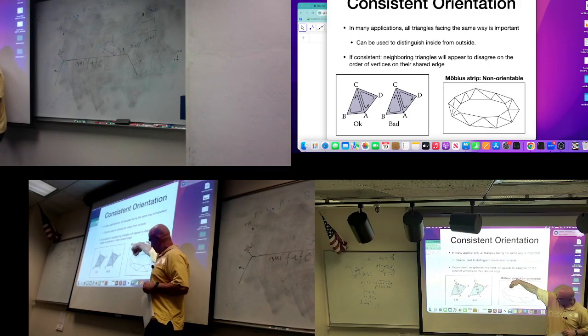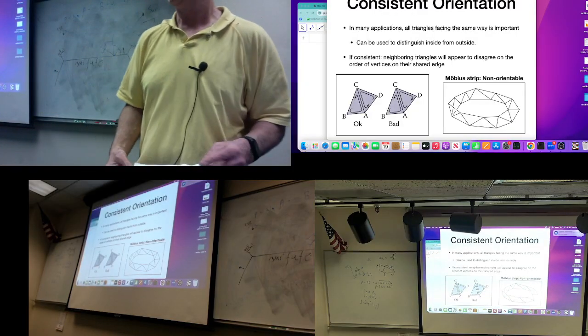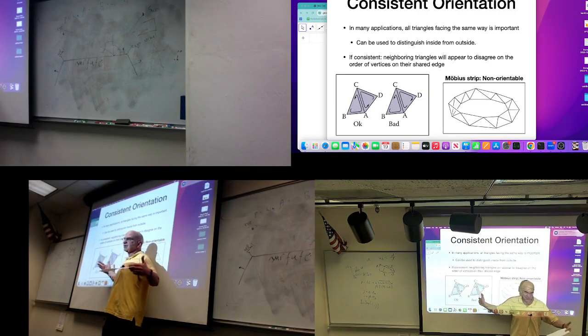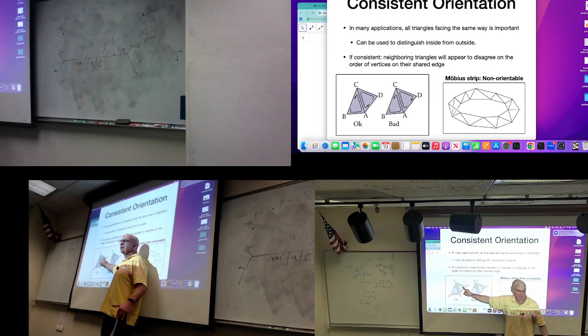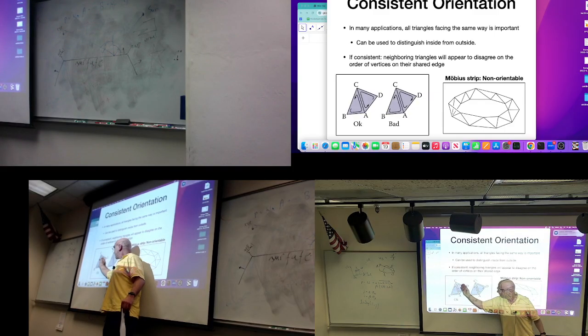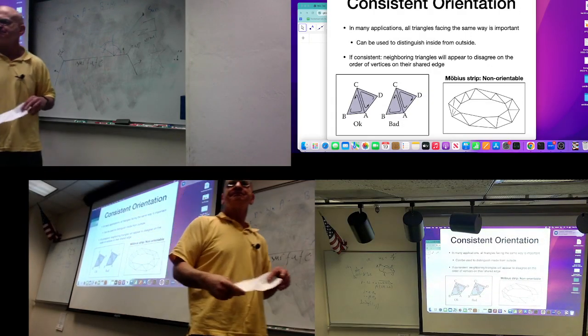And I would like to make the boundaries of a reasonable shape. I would like all these triangles to be consistent with each other. Based on one triangle, I should be able to tell you which direction is the outside, which side is the inner one, based on the cross product of the three vertices in counterclockwise order. That means that if I'm moving from this triangle, the correct side, to its neighbor, I am still on the outside, and so on.